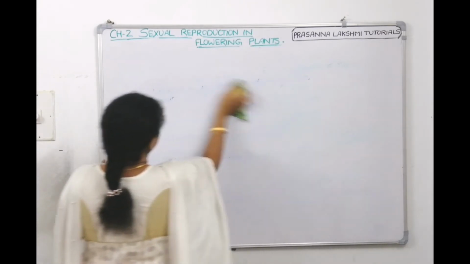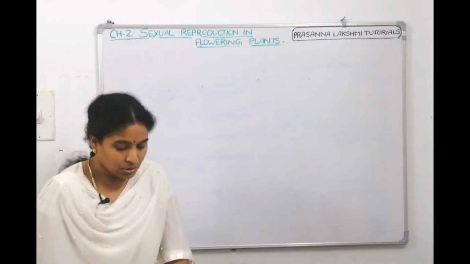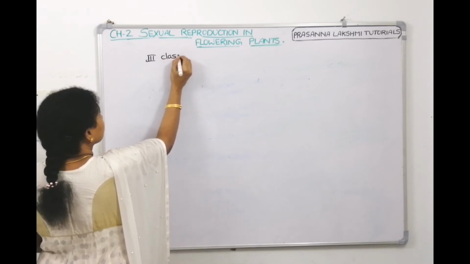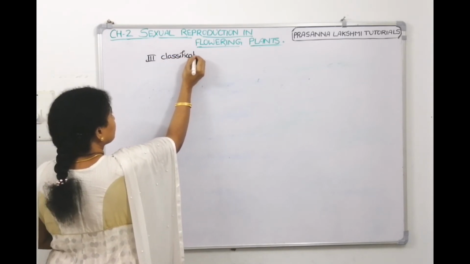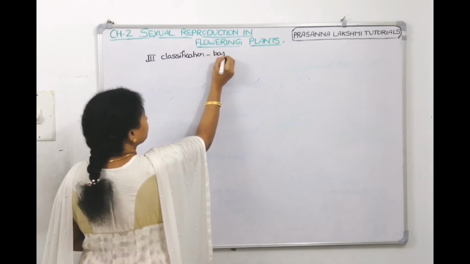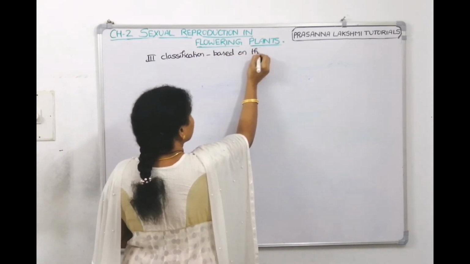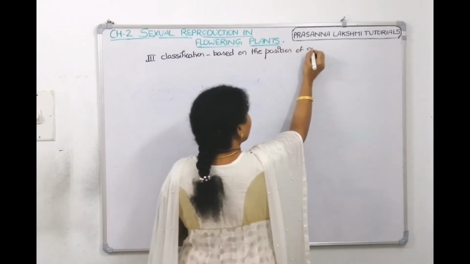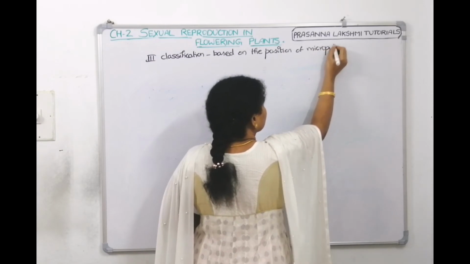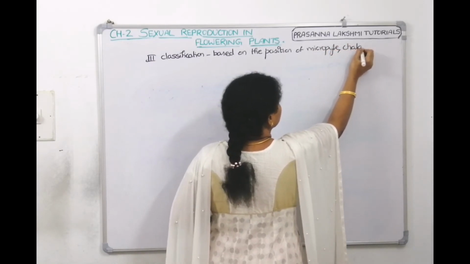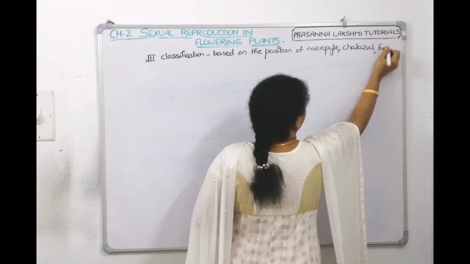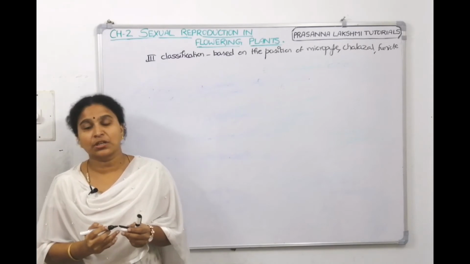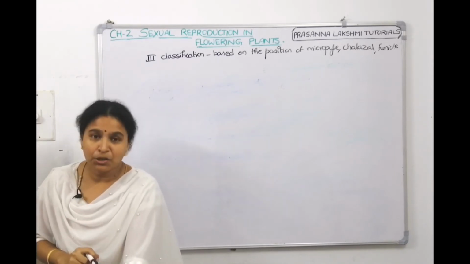So, the third classification is based on the positions of micropyle, chalazal end and funicle. How are the funicle, micropyle, chalazal end positioned to each other? On that basis, we can divide them into 6 types.